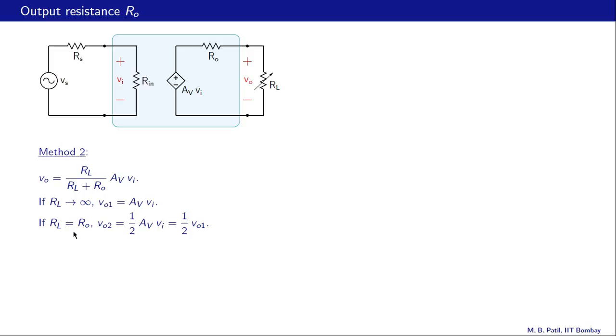If RL is made equal to RO, then what is VO? VO is going to be simply AV Vi divided by 2, because the voltage will split equally between these two. That we will call VO2. So that is half AV Vi, and that is equal to half VO1, because VO1 is already AV Vi.